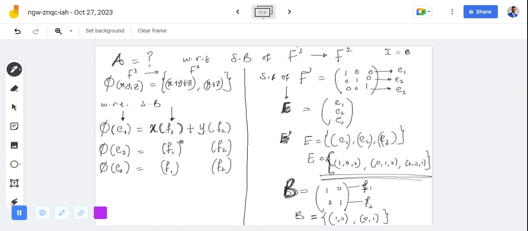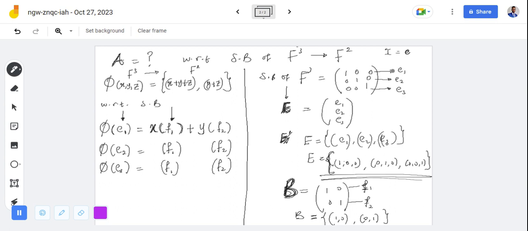But in this case, look at the question given to you, the expression given to you is of two different expressions. So I'm considering an image of F2. So I want to look for the standard basis of F2, and the standard basis of F2 is always a 2 by 2 matrix, whereby the first row is F1. I use F1 because the next letter after E is F. It's not based on the fact that I have F2 here. No, that's not the reason.